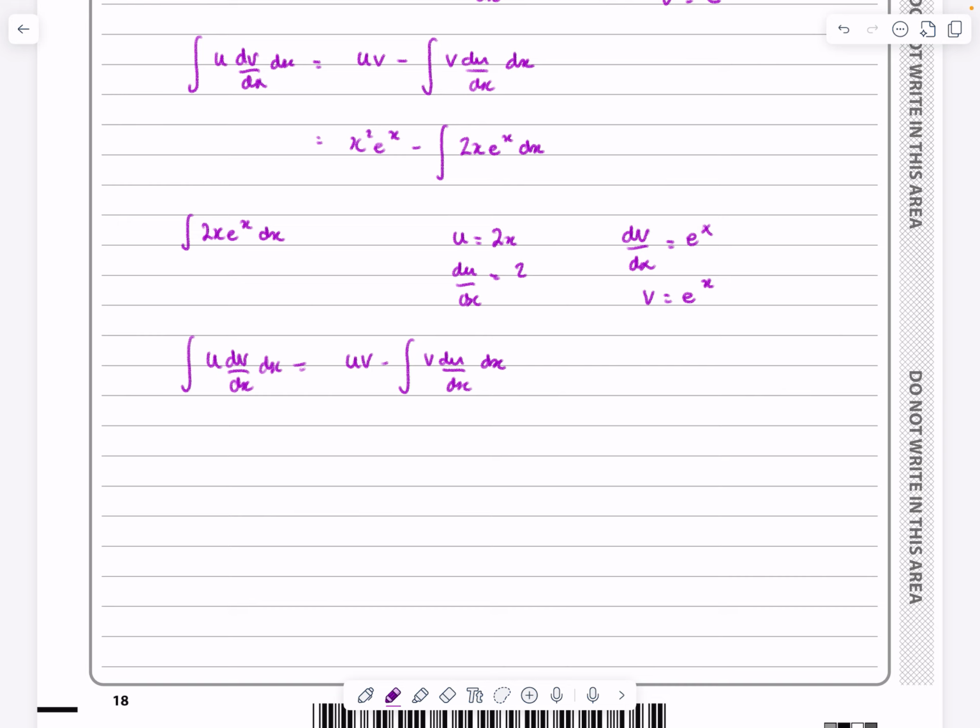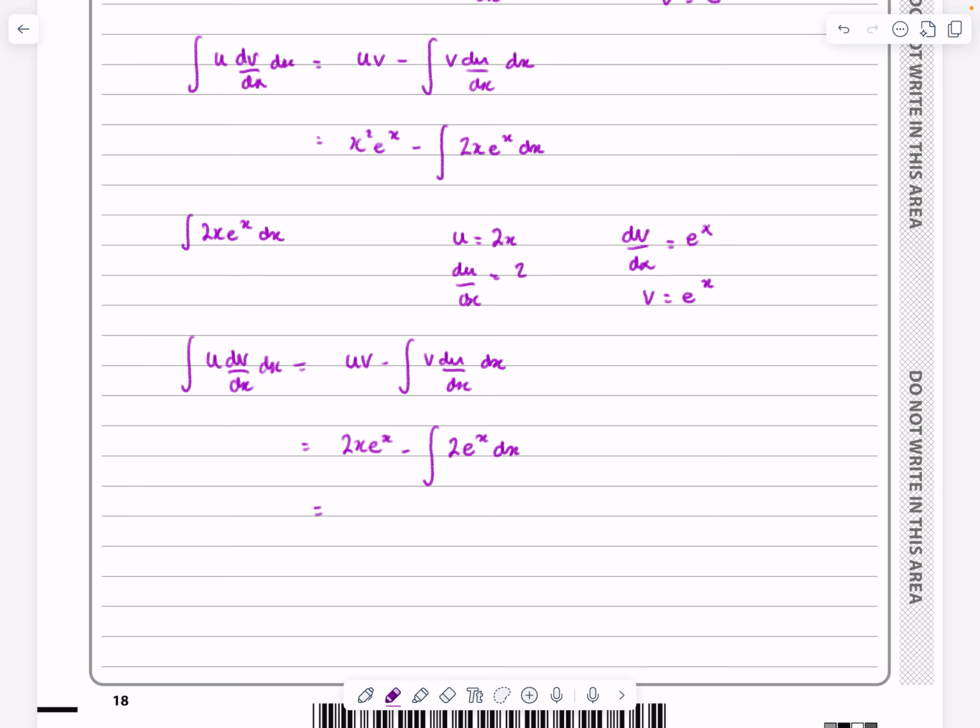So uv this time is going to be 2x e to the x. Excuse me, sorry, 2x e to the x minus, and now with my v du here, I'm going to get minus 2e to the x dx, and I can now integrate that. That's in a format where I can integrate it.